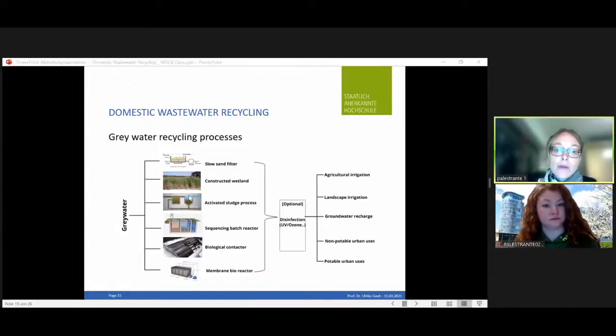And then you have all the high technology processes which are used in normal wastewater treatment plants or industrial wastewater plants. All of these are biological treatment processes with just different technologies. Optionally, you have a treatment for the disinfection, which can be done by UV or ozone treatment.